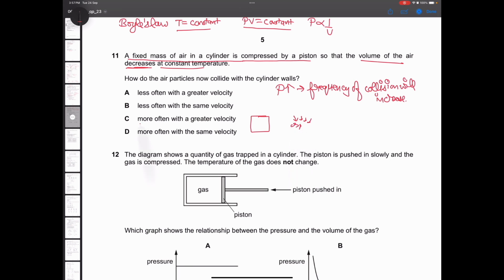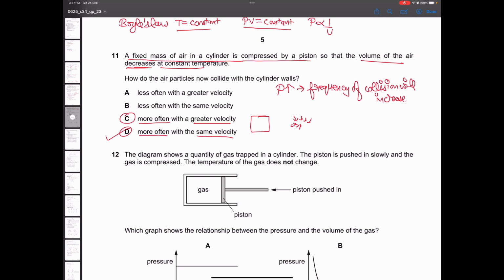So more often is the frequency of collisions, and it is written in options C and D. But in option C it is saying greater velocity, in option D it is saying same velocity. So how do we differentiate between these two? Velocity is affected only when the temperature is changed. And is there any change in temperature? No. So option D will be the correct one.